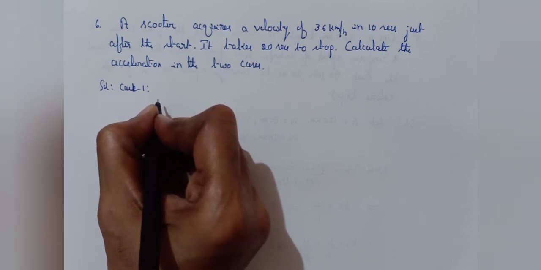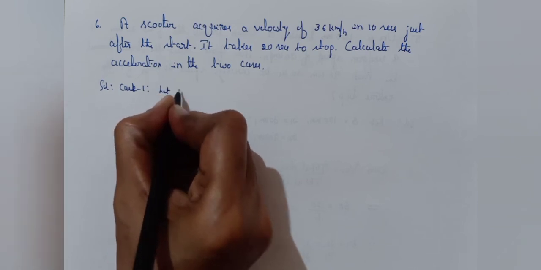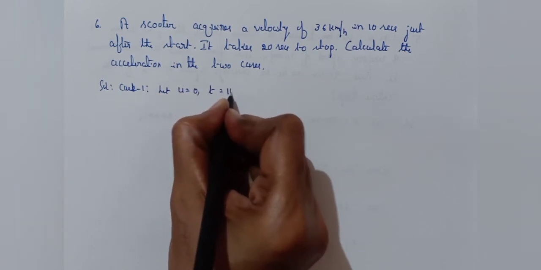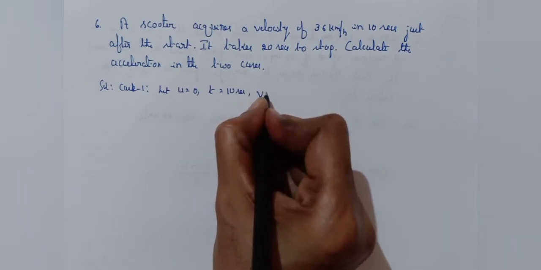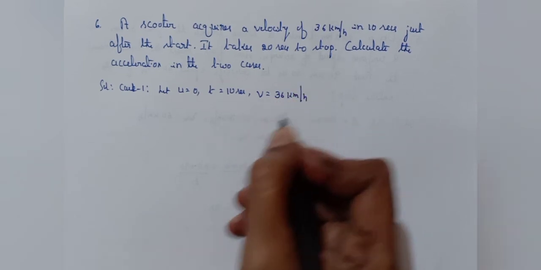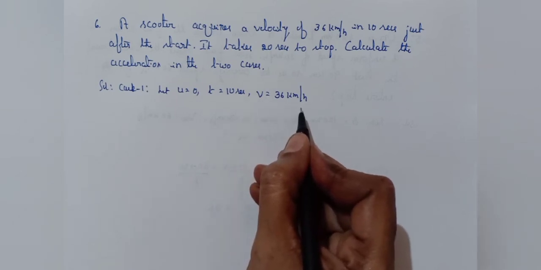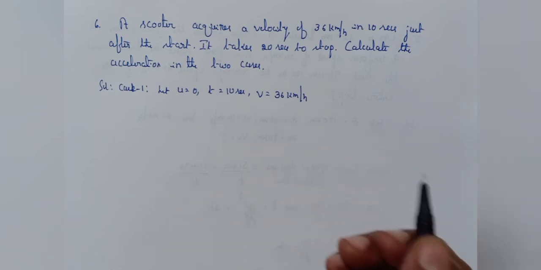After the start means here the initial velocity is 0. Let u is equal to 0 and the time is 10 seconds, and the velocity is given, v is equal to 36 kilometer per hour. Here the time is in seconds and the velocity is in kilometer per hour. Convert the kilometer per hour into meter per second.